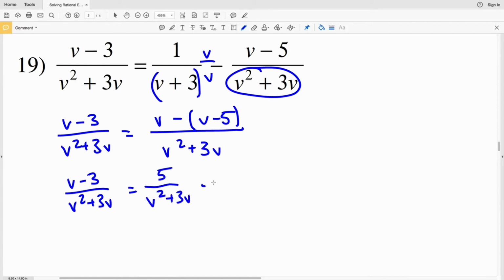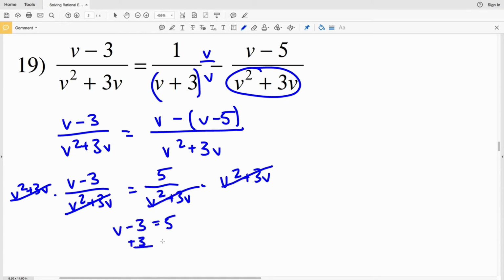Now we're going to multiply both sides by that v squared plus 3v to cancel out the denominators on each. That will leave us with v minus 3 equivalent to 5. We'll just add 3 to both sides to get that v is equal to a positive 8. And that's the answer for number 19.